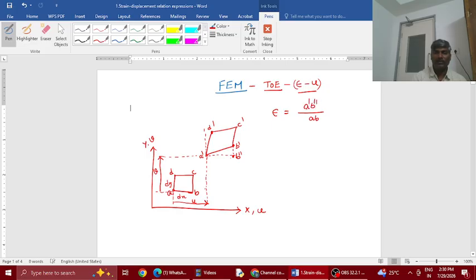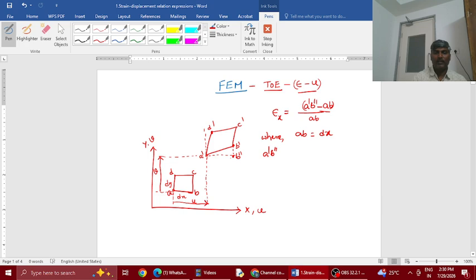A dash B double dash is the final length minus initial length, the change in length, divided by original length. You know AB value, that is dx, where AB is equal to dx. So if you know A dash B double dash value, then you can estimate this strain value. As you are looking at x direction, I name this as epsilon x.